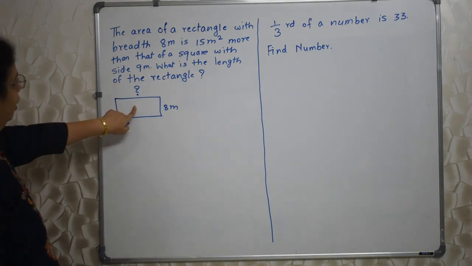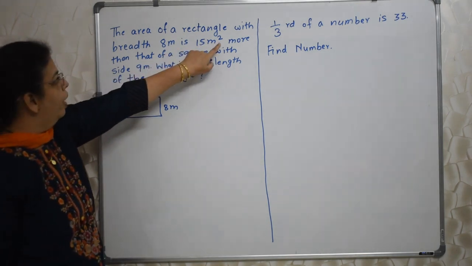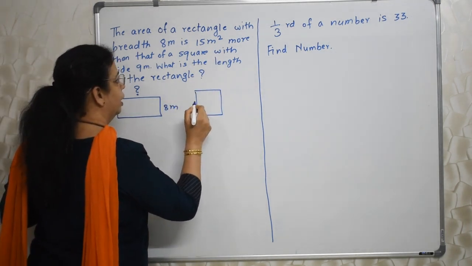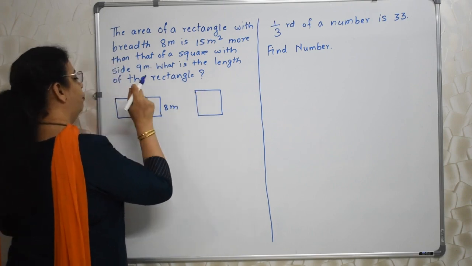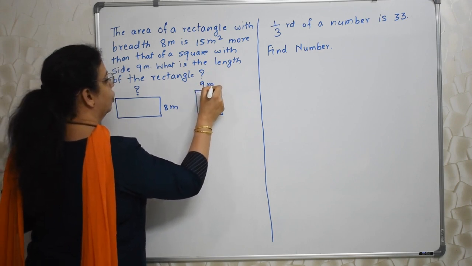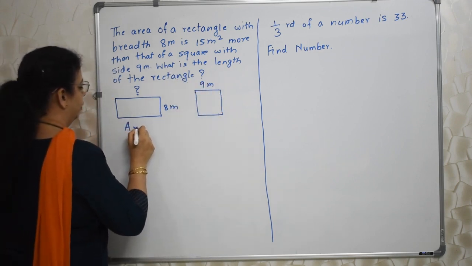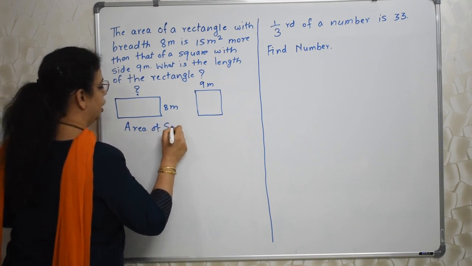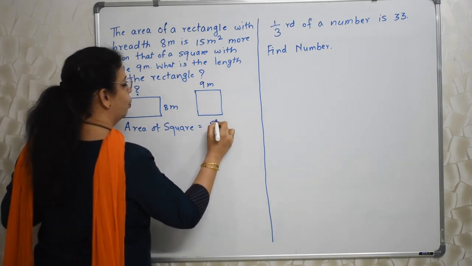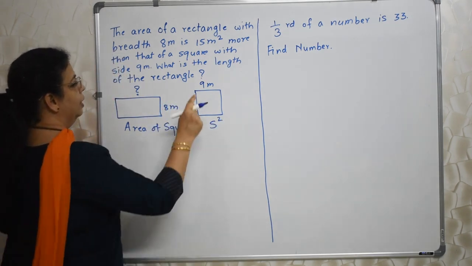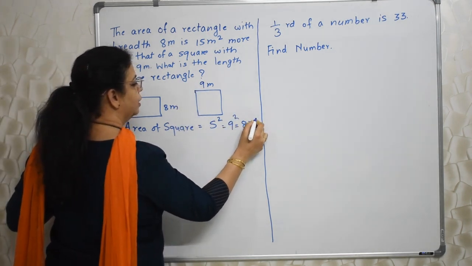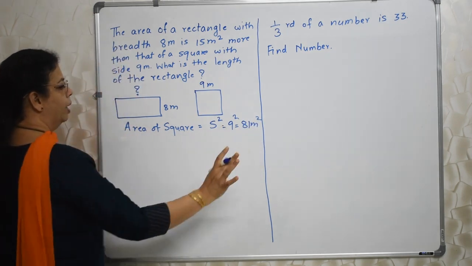And its area is 15 meters square more than that of a square. If this is a square, its area is 15 meters less than this rectangle's. The side of the square is given, 9 meters. We know the formula for the area of a square. In case you don't know, see my area video. It is side square, that is side into side. Side is given as 9, so 9 square, that is 81 meter square. If you write here meter, 2 marks gone.